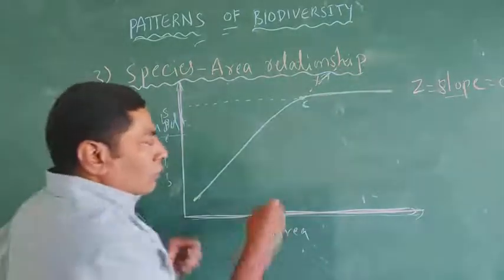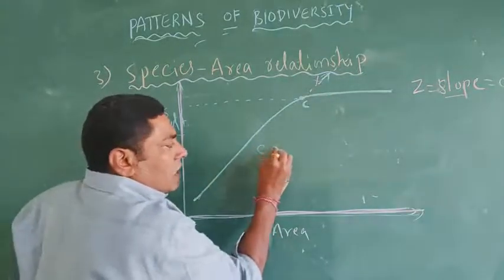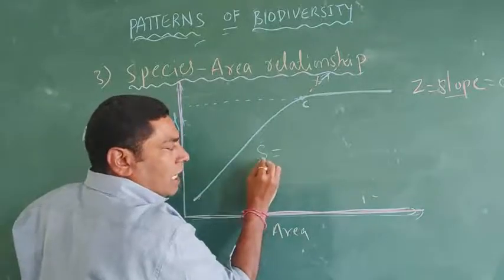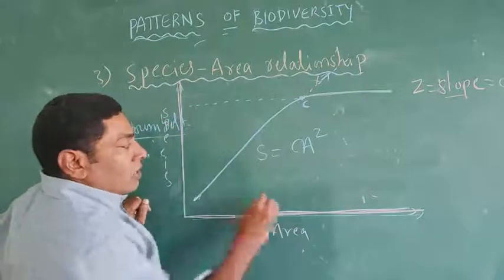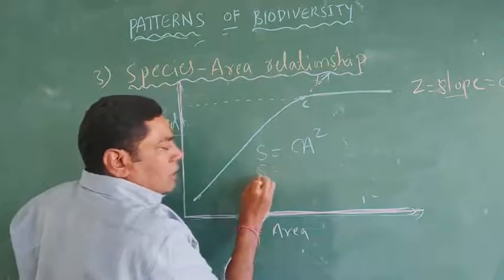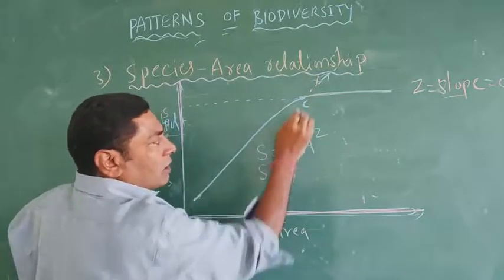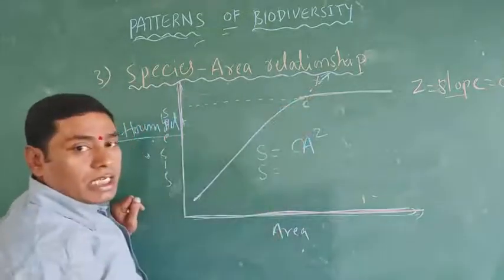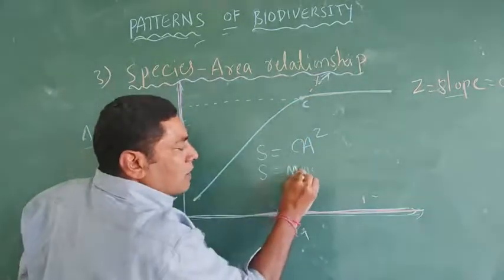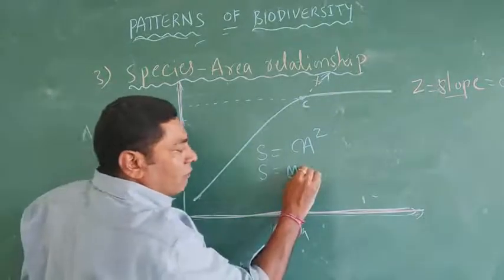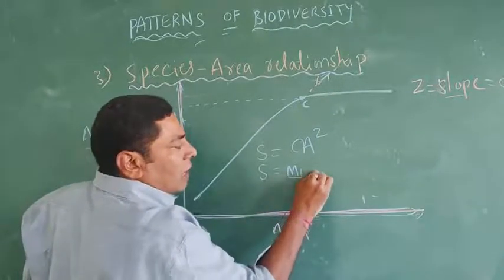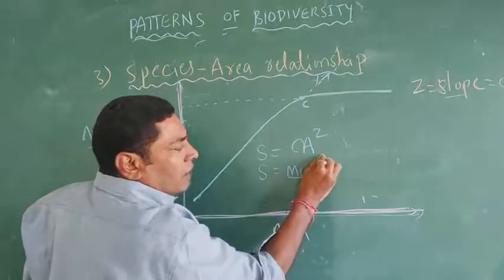So according to the equation, S is equal to C A to the power of z. So in here S means speciation, C means the y-intercept, the maximum speciation at the limit, and A to the power of z.